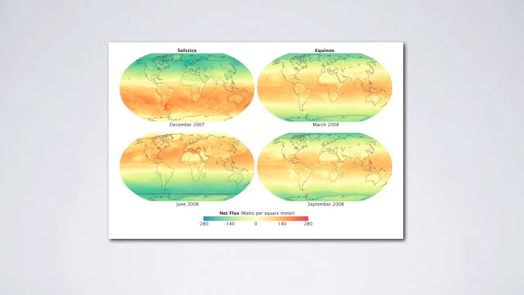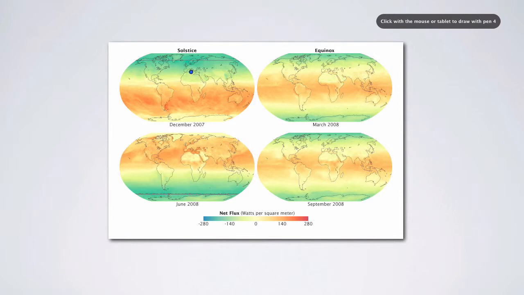Now, to demonstrate this, this is actually the net flux of energy at the surface of the Earth at different times of year. So this is the solstice in December, here's the June, and then here are the equinoxes. So at the equinoxes, things should be relatively even, and you can see that most of the heating during the equinox is centered at the equator.